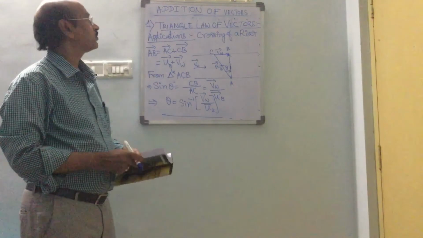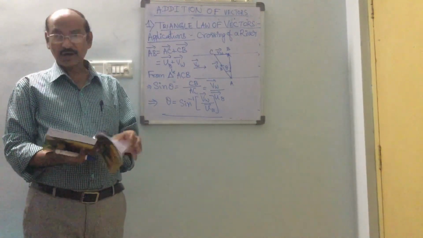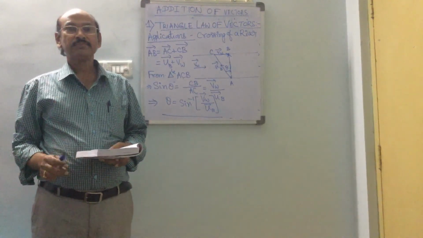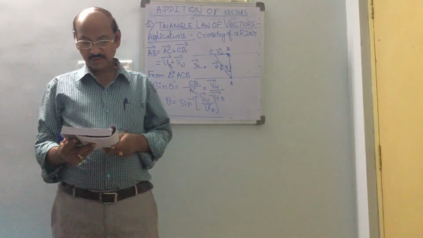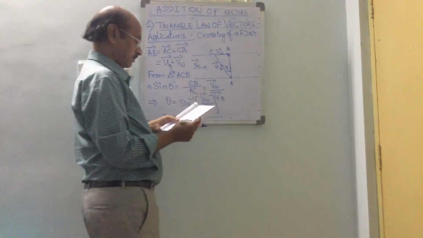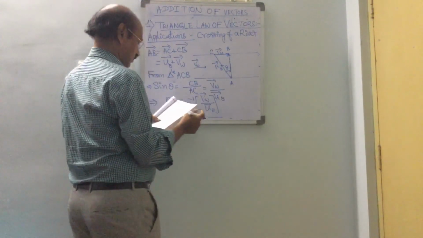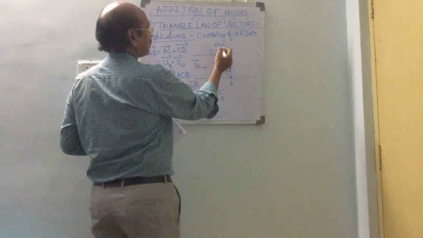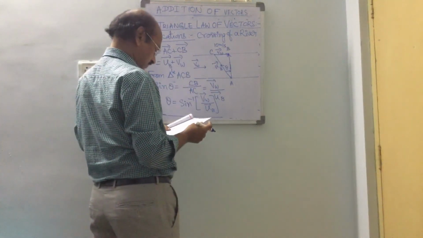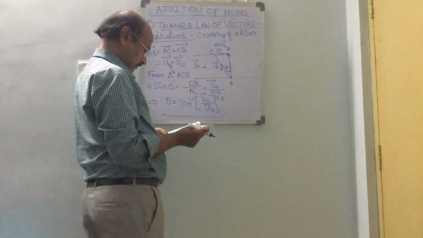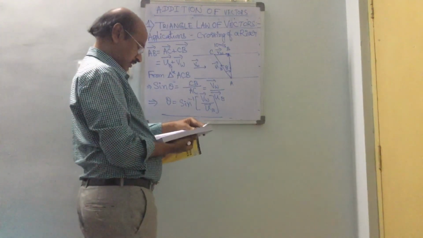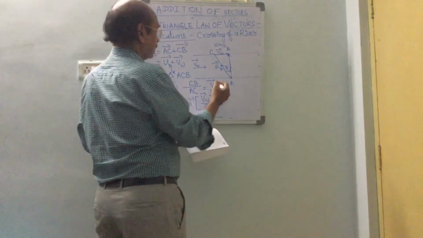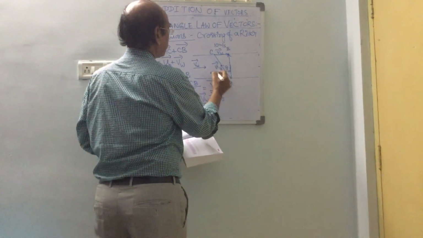Now we shall do one problem on this formula. Let's consider the river water flows at a velocity of 4 meters per second, and the boat velocity is 15 meters per second.